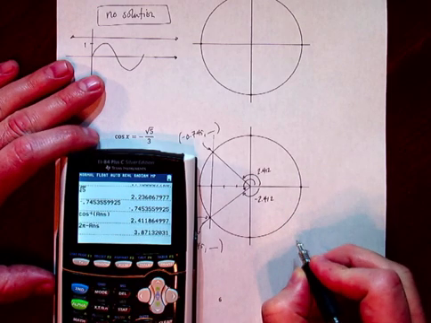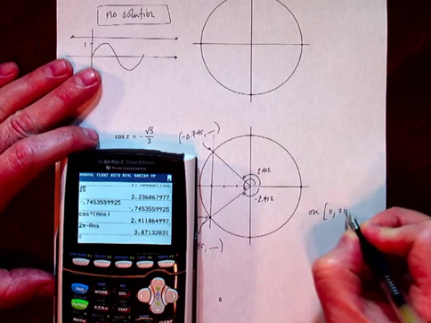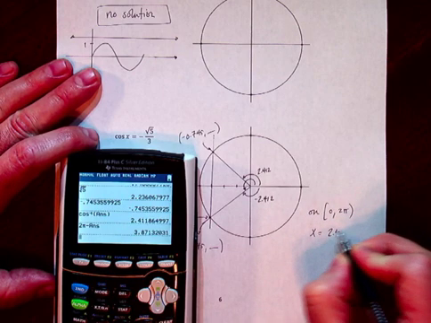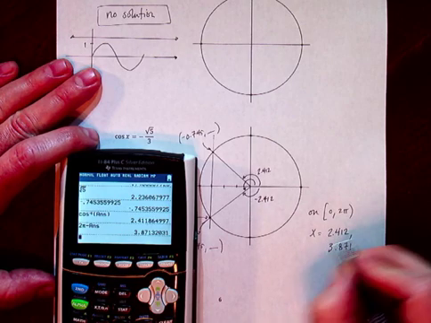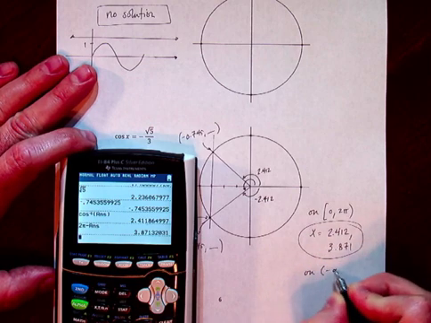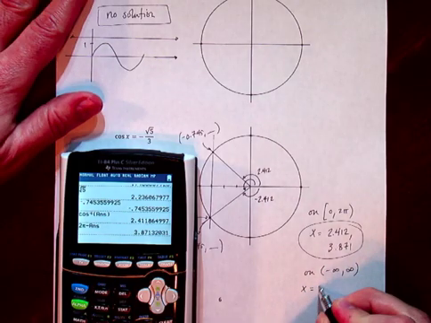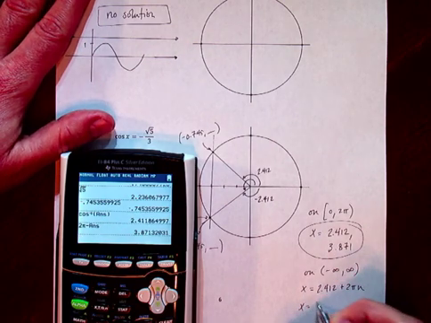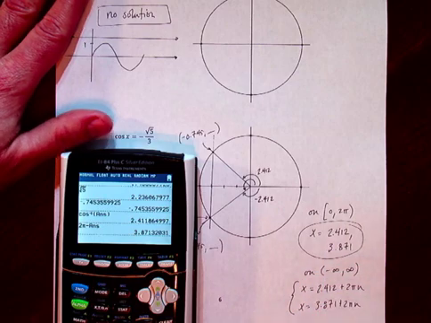If I'm looking on 0 to 2 pi, then I would give the answers x is equal to 2.412 and 3.871. If I were doing it on negative infinity to infinity, just like if it were pi over 6, I would put 2.412 plus 2 pi n and 3.871 plus 2 pi n, and those would be my answers.